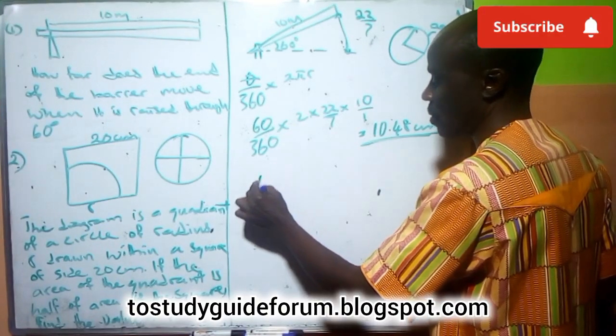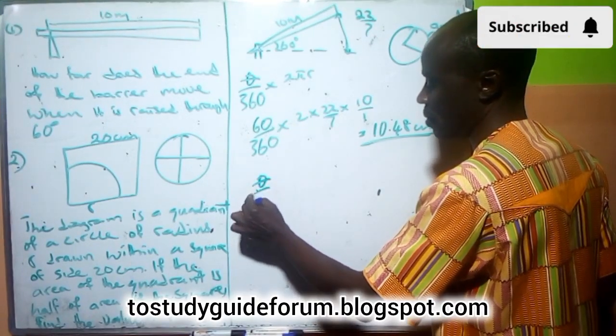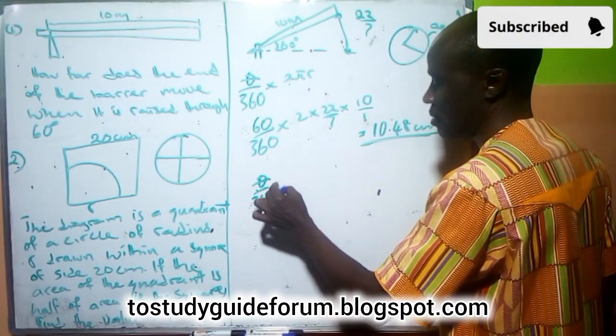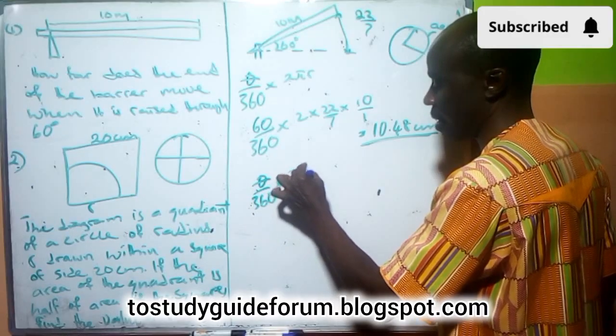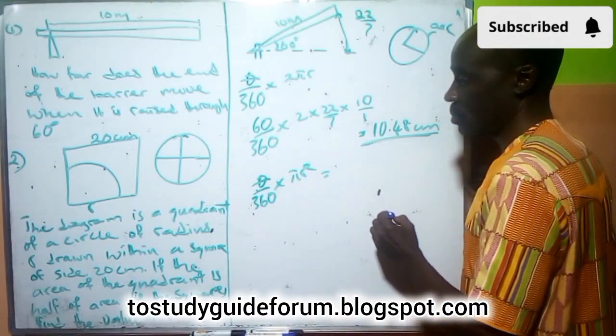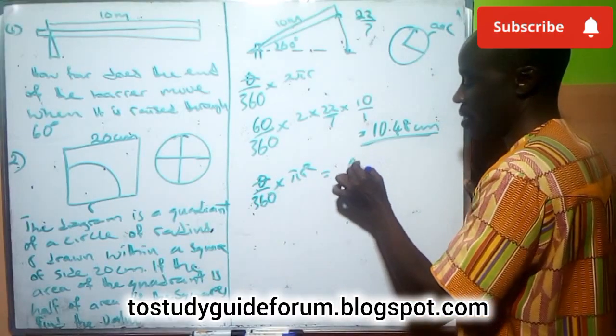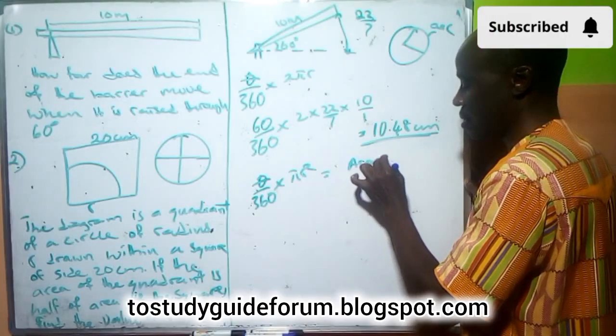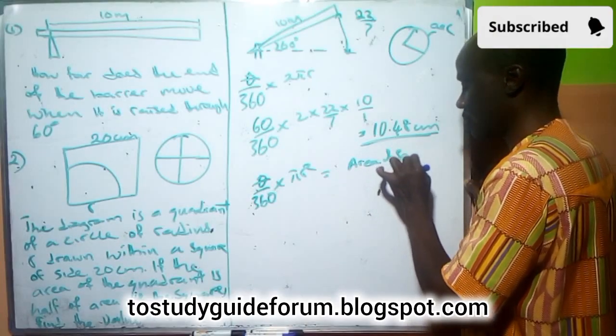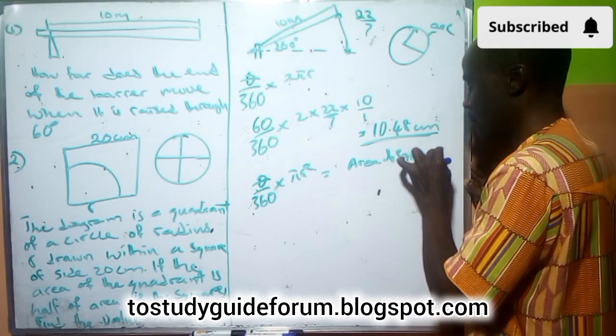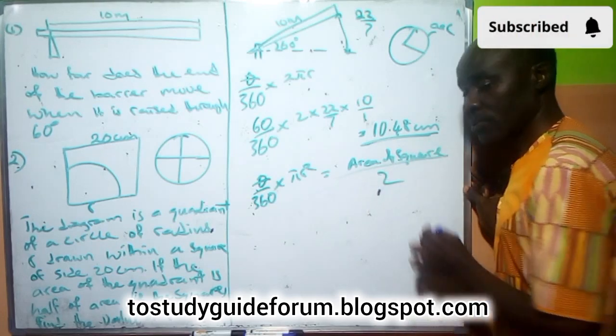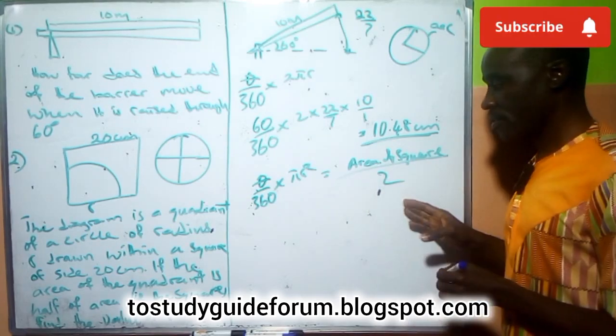We know that the area of the quadrant equals the area of the whole square over 2. That's the question. Half is half.